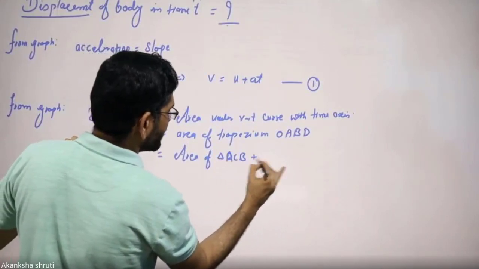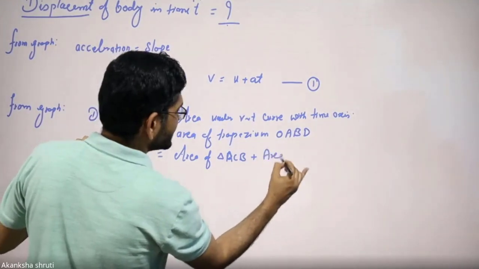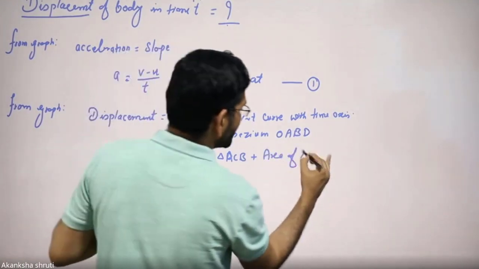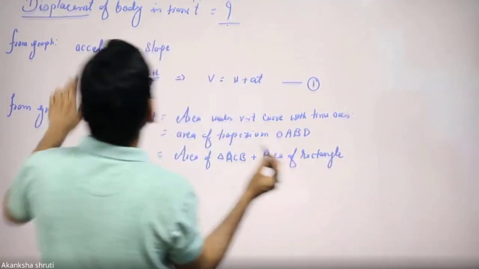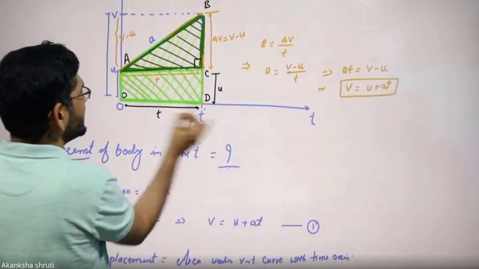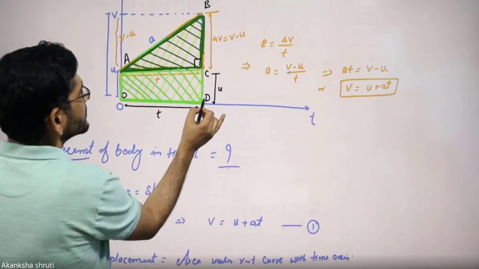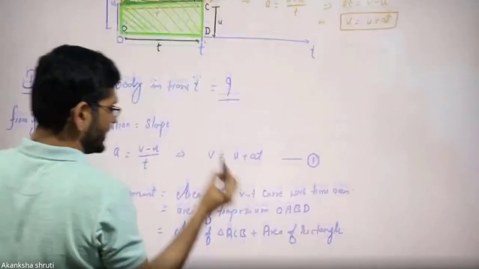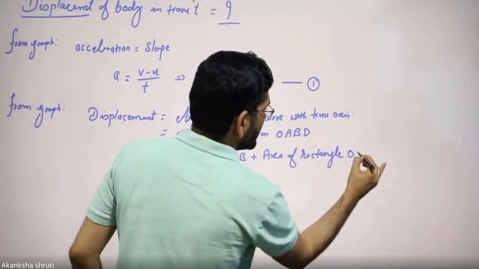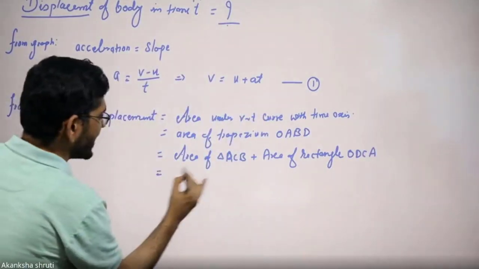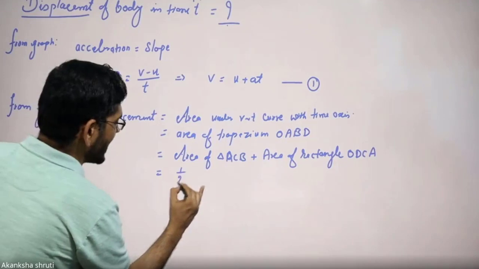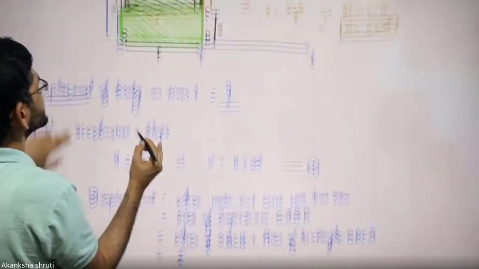So the area of the triangle ACB plus the area of another one, our rectangle. Now this rectangle, the lower rectangle, ODCA. ODCA. Now the area of the triangle is given by half into its base into height.